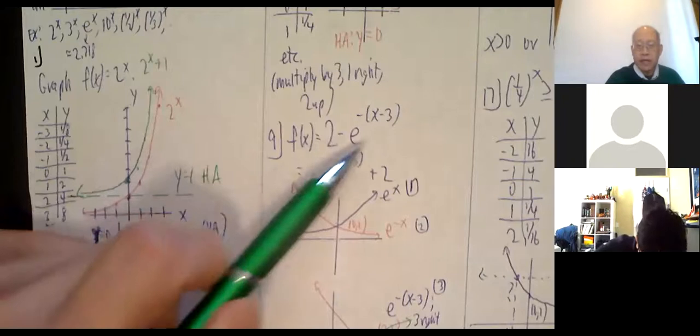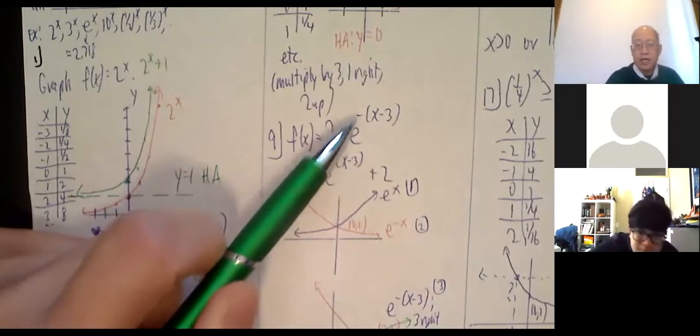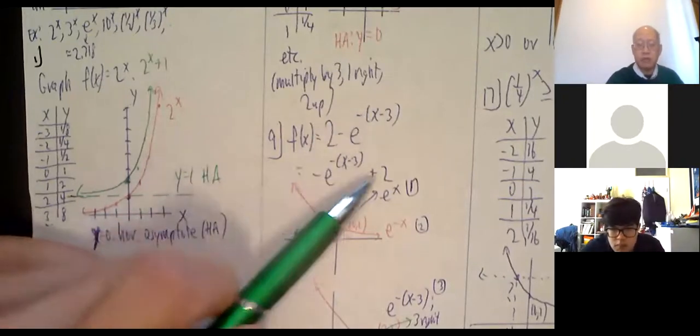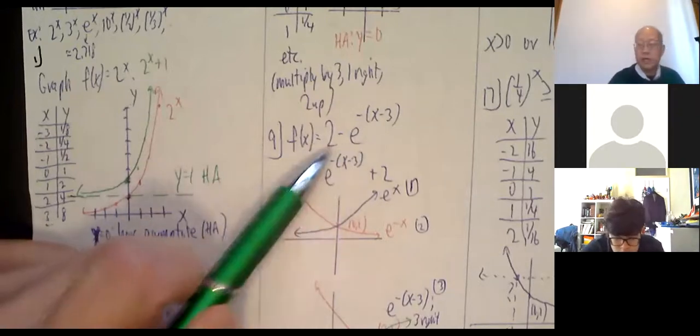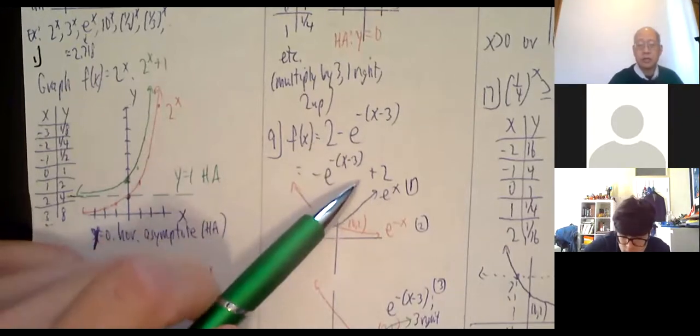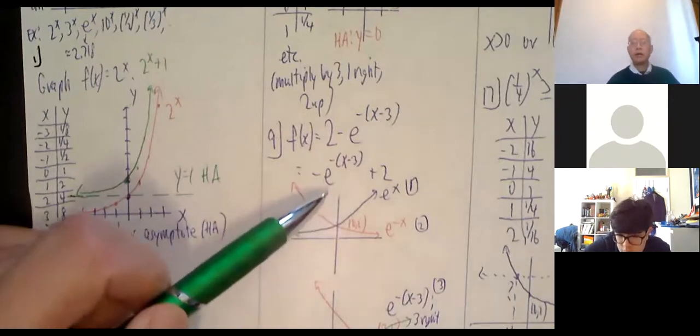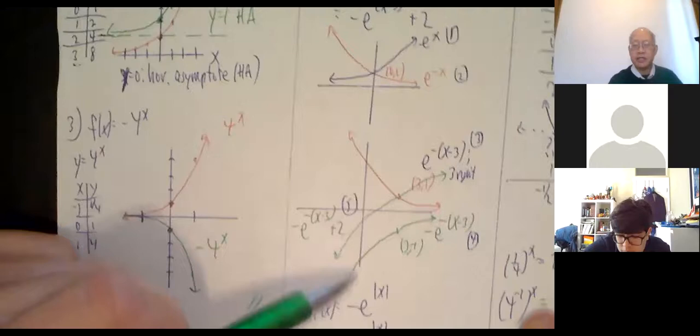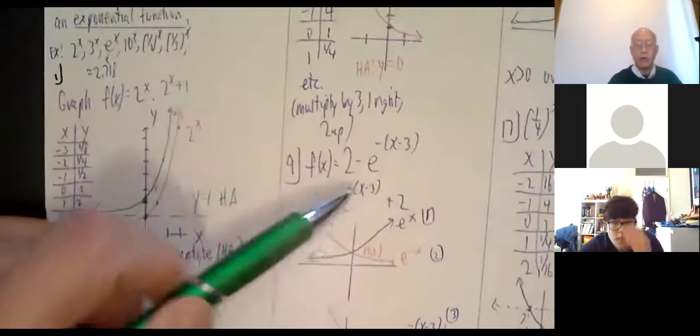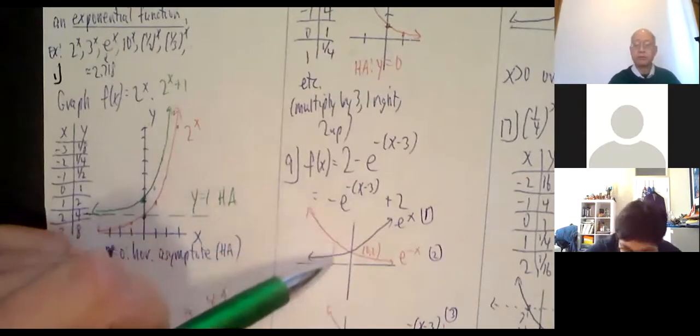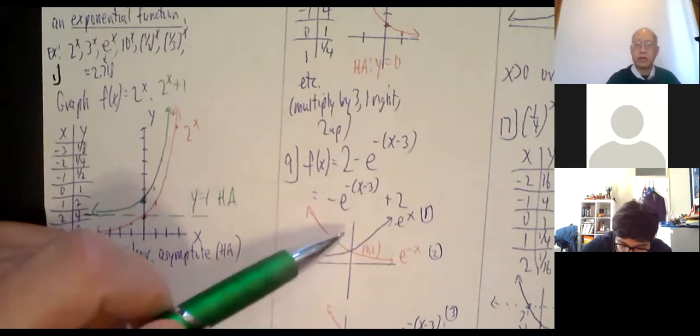I'm going to rewrite it like this: negative e to the negative parentheses x minus 3, plus 2. So this is the same as this. There are actually 5 graphs going on in this particular problem.